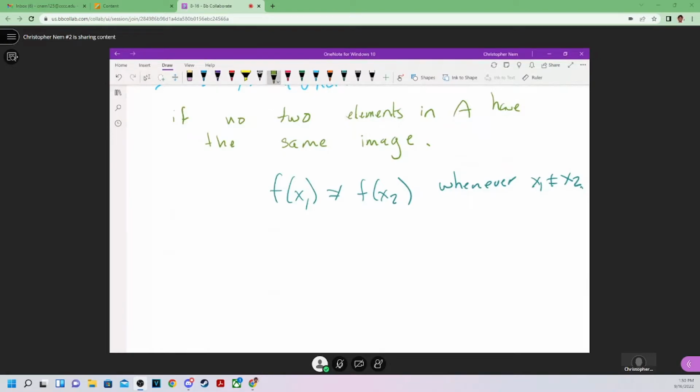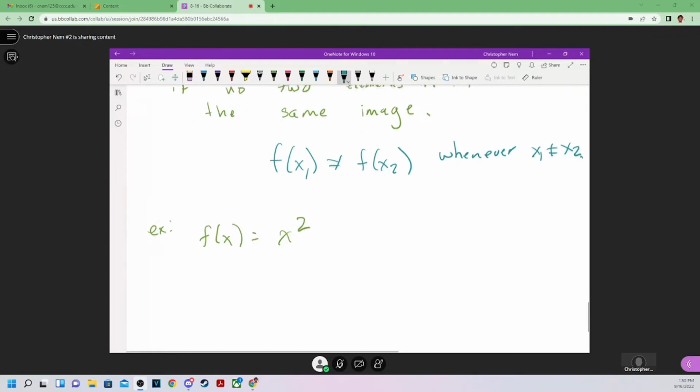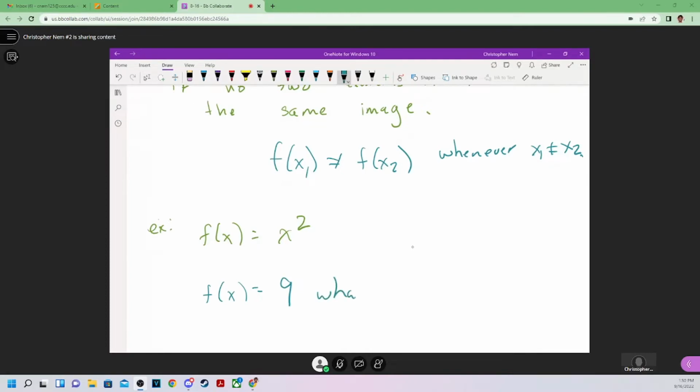So we can take an easy example. Let's take f of x equals x squared. If I use an actual example, let's say f of x equals 9. This statement means my output is 9. What is my input? What is x?